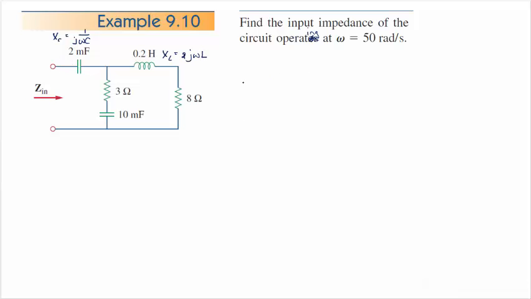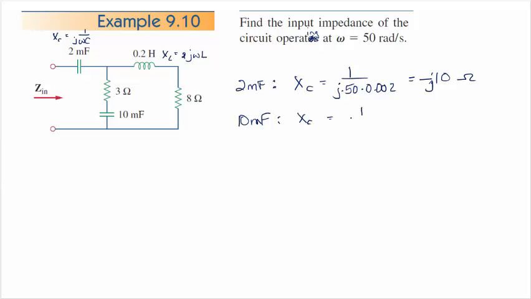So the 2 millifarad capacitor now gets replaced with X sub C equals 1 over j times 50 times 2 millifarads. And that computes to minus j10 ohms. Purely imaginary, right? With the minus sign in front of it. The 10 millifarad capacitor, something similar.